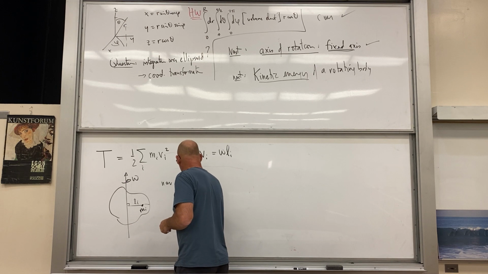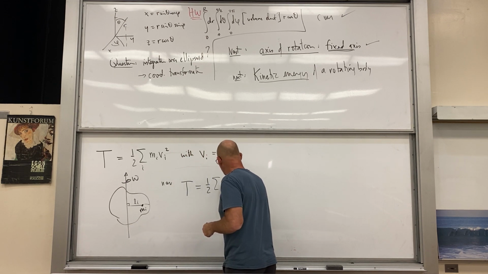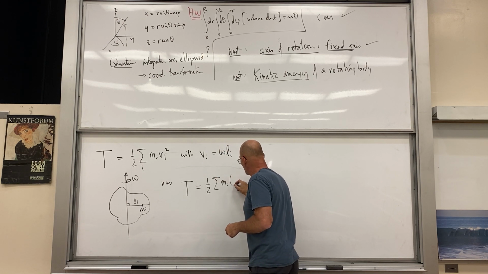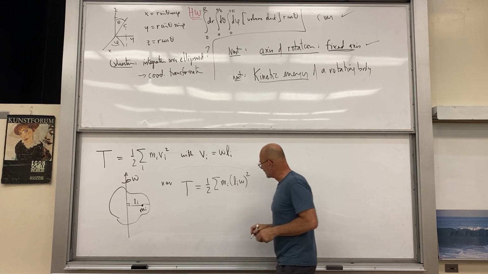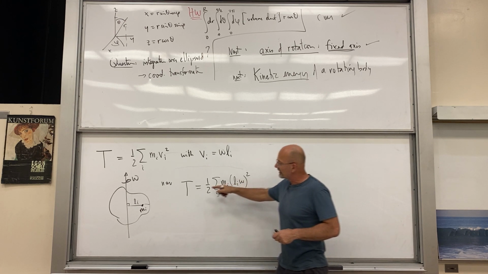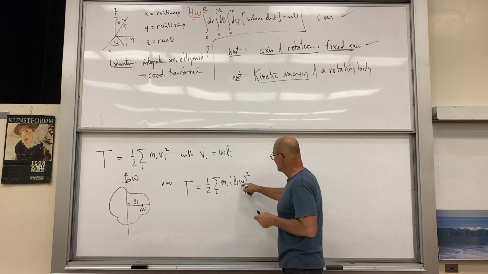Now, the kinetic energy is a half sum over m sub i, and this v sub i is now L sub i omega, the quantity squared. So this omega apparently characterizes the entire body, and we could pull it out.